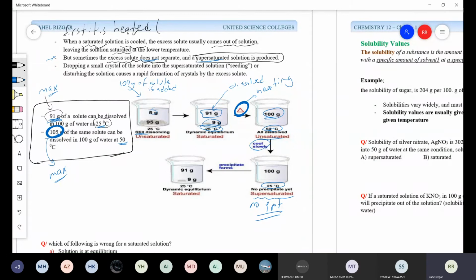At 25 Celsius it can only dissolve 91 grams, not 100 grams. That's why it's supersaturated. Then let's get to the last note here. If we drop a very small amount of crystal of the solute into the solution, which we call seeding.